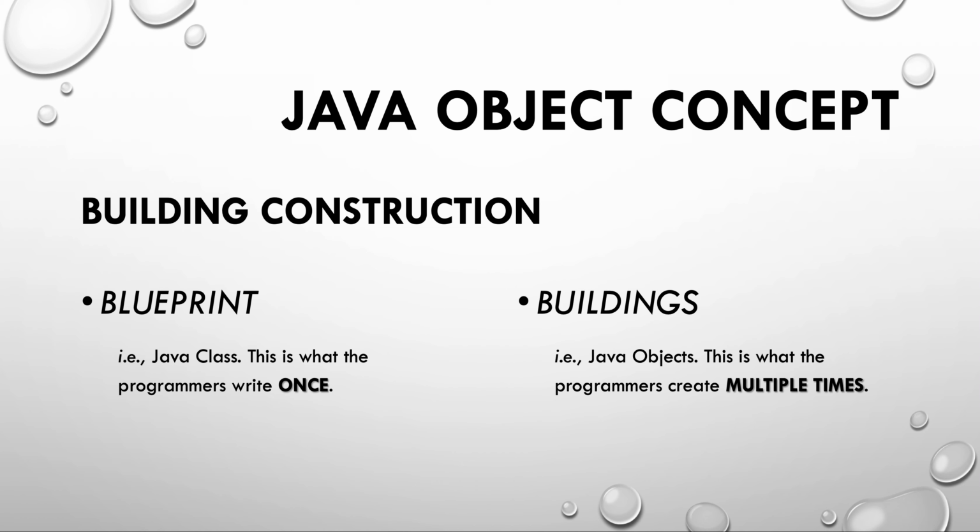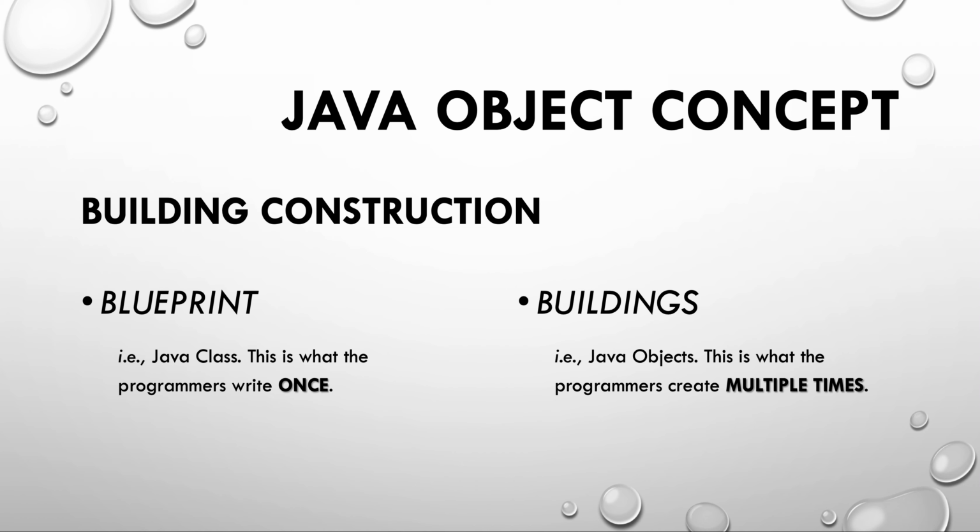Based on this Java class, we can come up with several objects. Now these objects are virtual. I mean, you cannot see them, right? You create them, but where are they? You cannot see them, unlike the Java class, where you can see the code on the screen, on Eclipse, on NetBeans, or any other IDE.